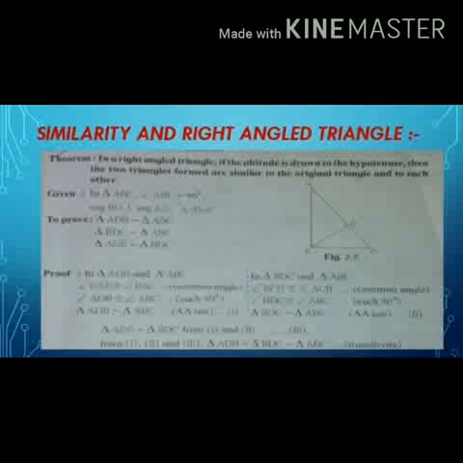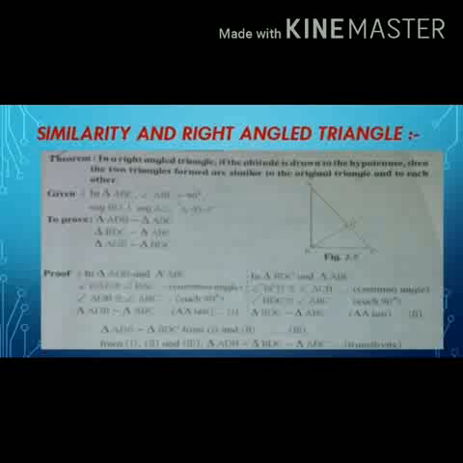To prove this theorem, we can compare the triangle ADB to the original triangle ABC. In triangle ADB and triangle ABC, the vertex A is common and therefore the angle formed at vertex A is congruent in both triangles.